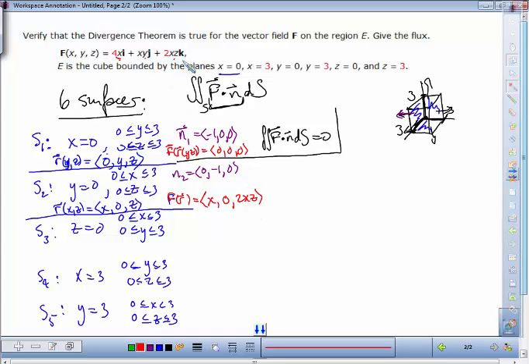So I'm just looking up here and looking at my parameterization, putting in those values. And then if I dot these two things, I have 0 times x, well, negative 1 times 0, and 0 times the 2xz. So this is going to be another 0 contribution, even before we do the integral.